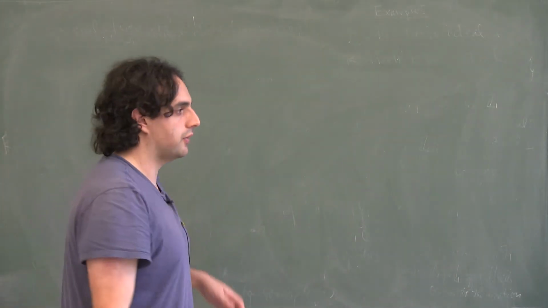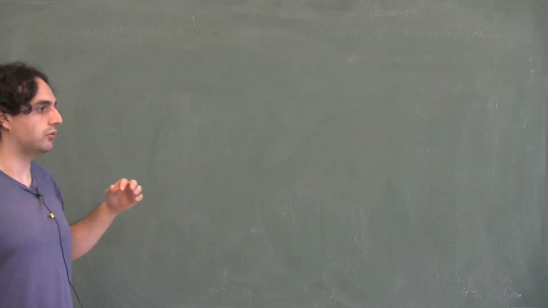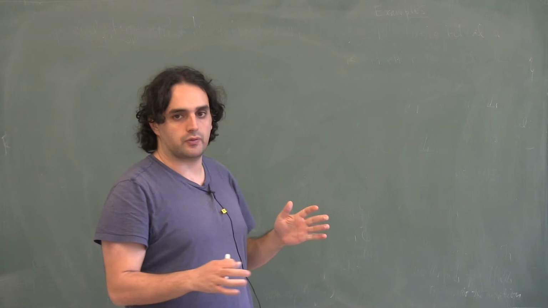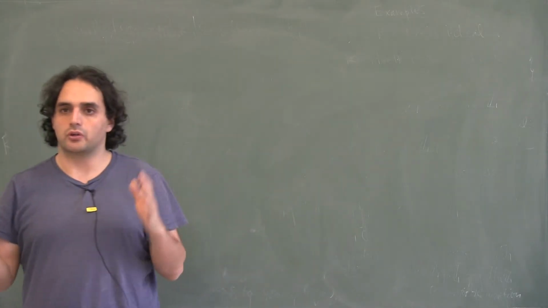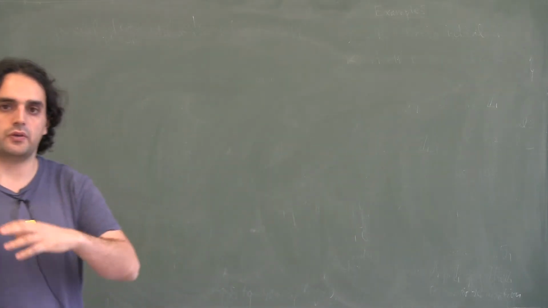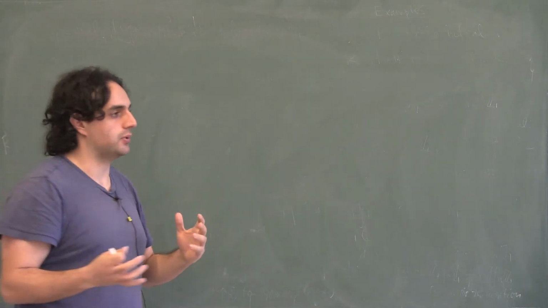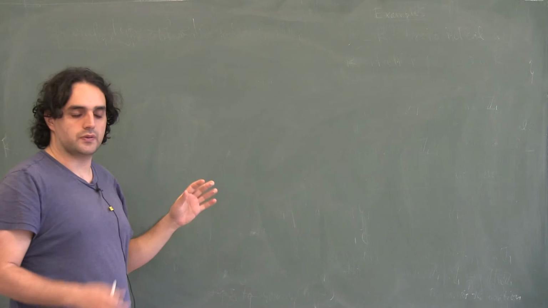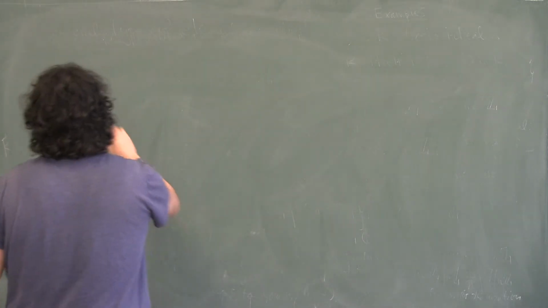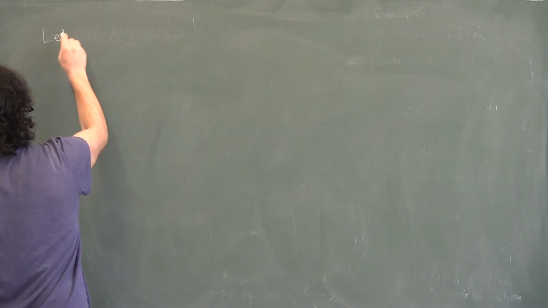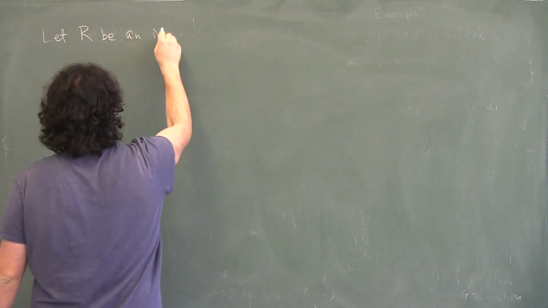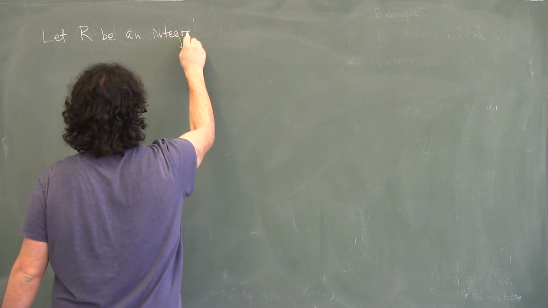Okay, so finally, the last type of element I want to tell you about is a bit more specific to the case of integral domains. Zero divisors and nilpotent elements are things that are a bit more exotic that can happen in general rings. Now we want to focus on what happens in integral domains. So let R be an integral domain.